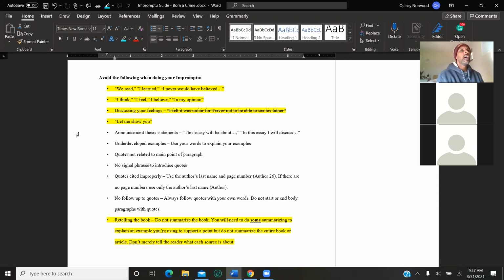Same thing with, like, I think, I feel, I believe, in my opinion, I thought, I never knew. Avoid those statements. The further you go in academic writing, first person point of view is discouraged: I, me, we, us, our.